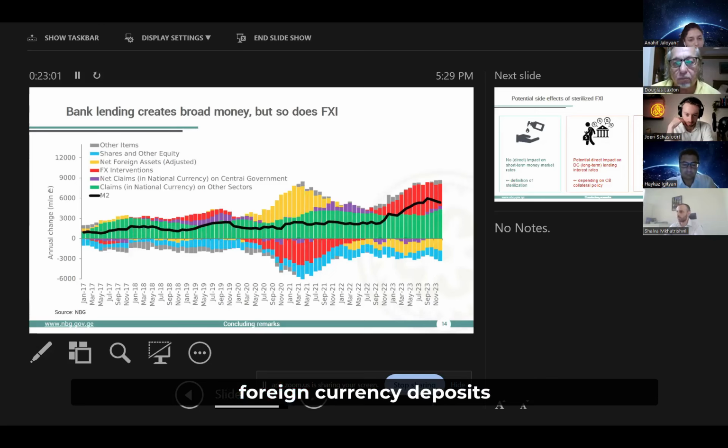People were converting from foreign currency deposits into lari deposits, so demand for lari was high, and essentially FXI was a tool to expand broad money supply in line with its underlying demand. So the impact on prices can be hidden, but at least on a mechanical level, you can see how much this contributed to satisfying this demand for broad money.